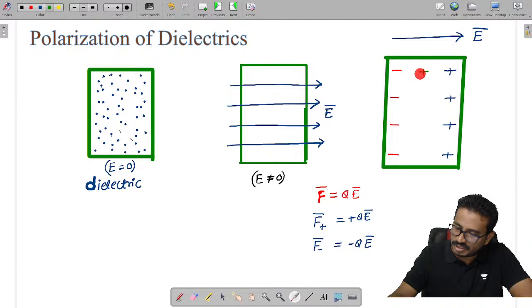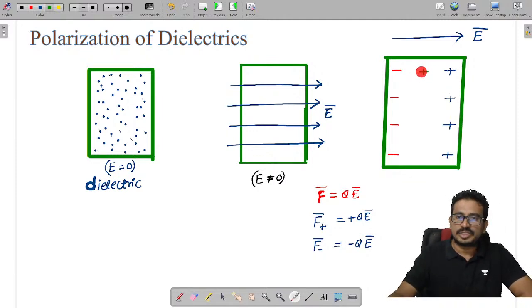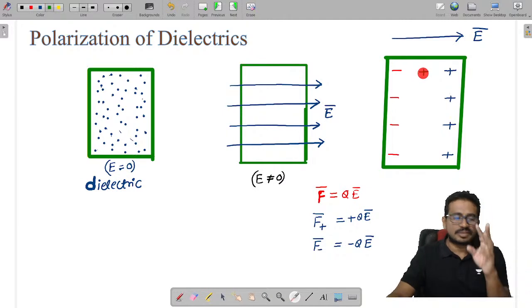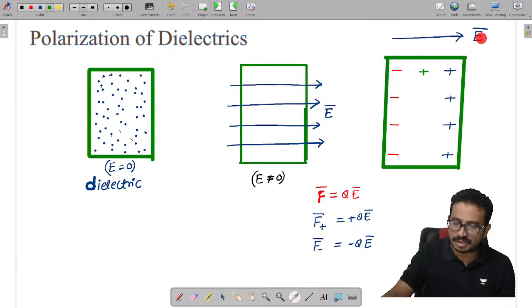Now if you see carefully, this positive charge will experience three different forces. One force is because of the externally applied electric field, one force is repulsion, and one force is attraction.